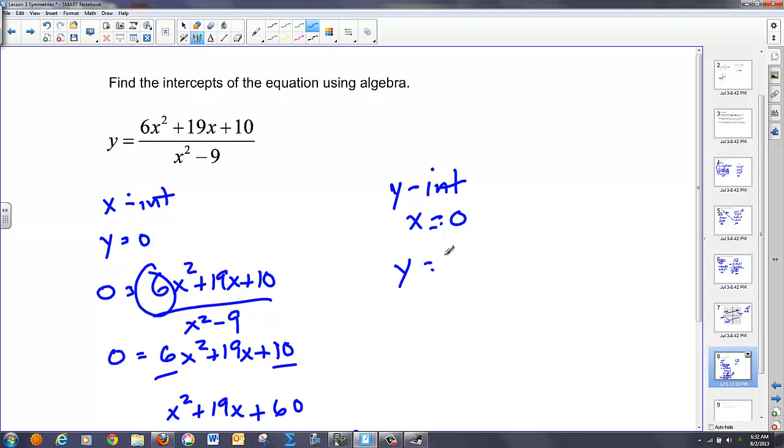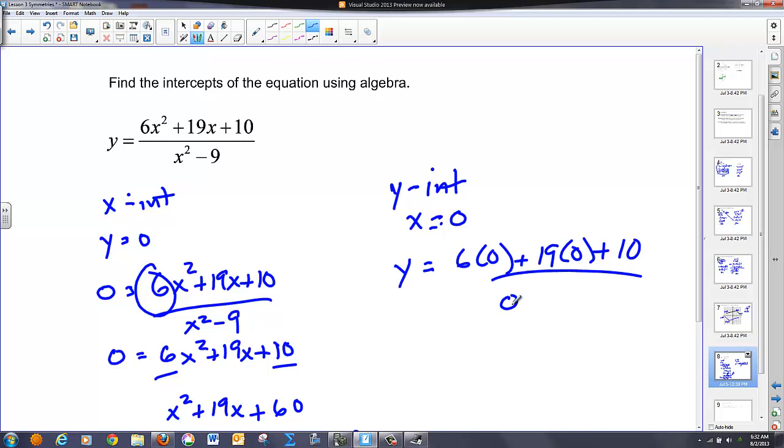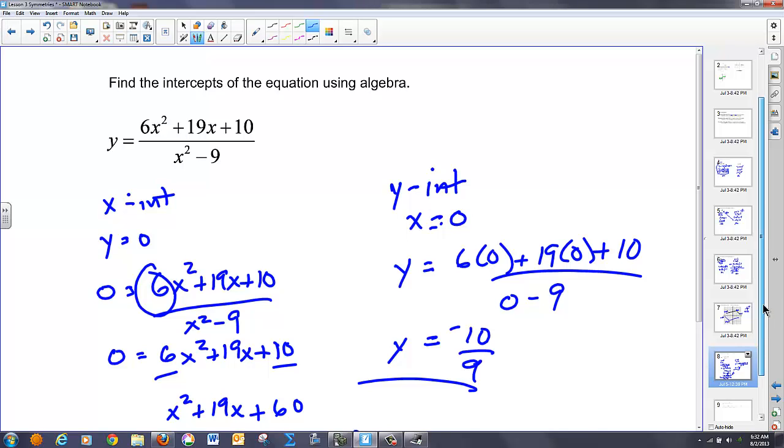This is 6 times 0 plus 19 times 0 plus 10 over 0 minus 9, and we end up with negative 10/9 for my y-intercept. And it's as simple as that for any kind of function. Granted, factoring may be a little more difficult, but to find your intercepts, set x or y equal to 0.